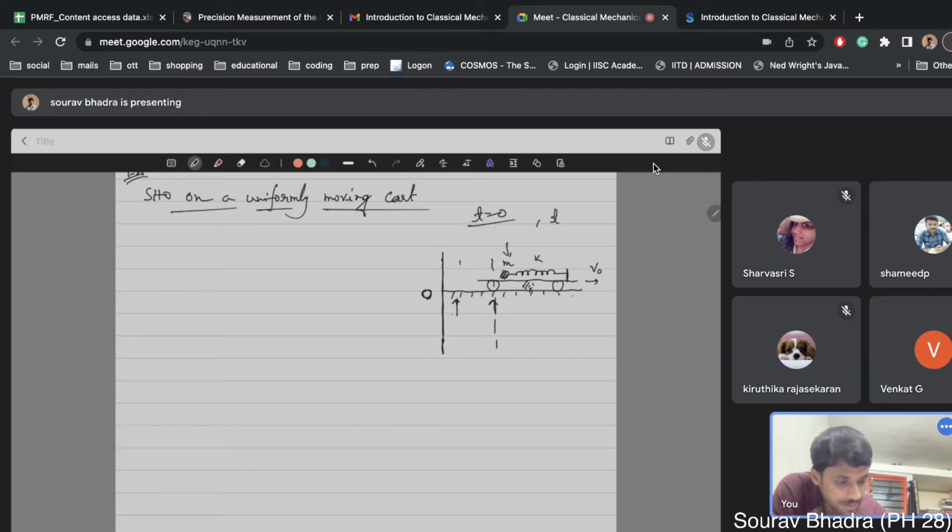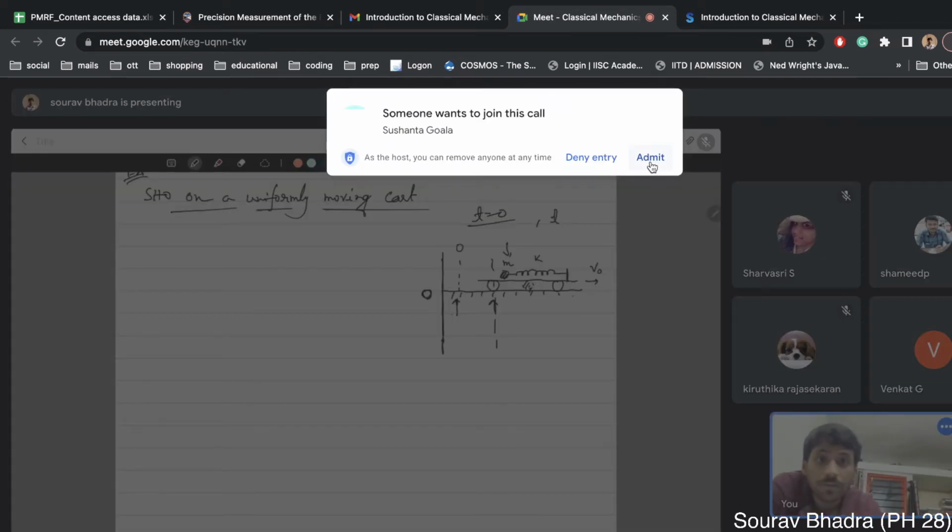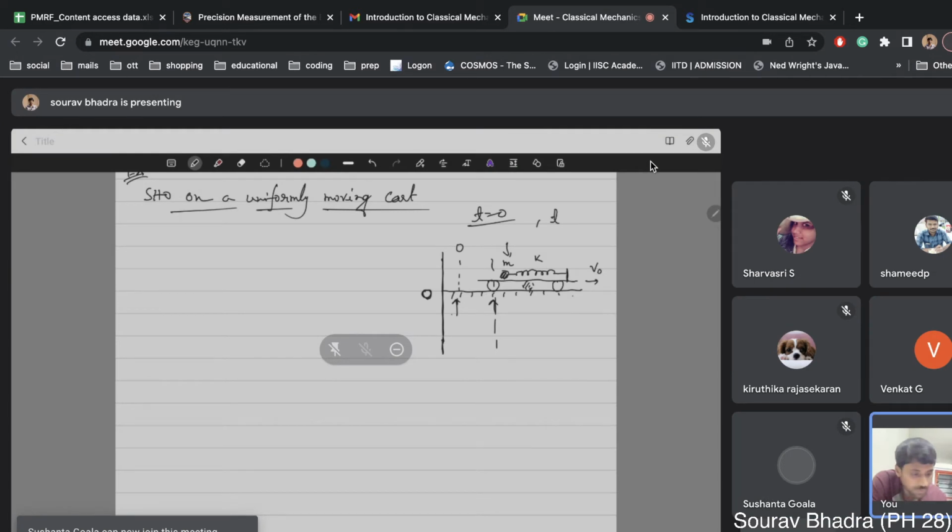So this is O dashed, where the cart was at this position at t equals 0. Now this distance, the displacement of the mass within the time t, let it be x dashed.